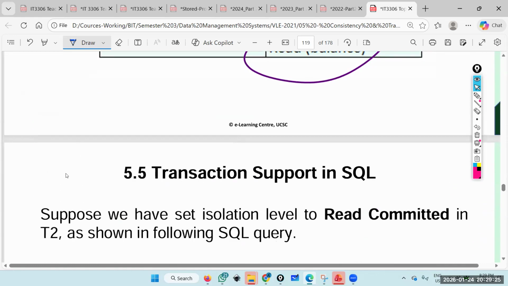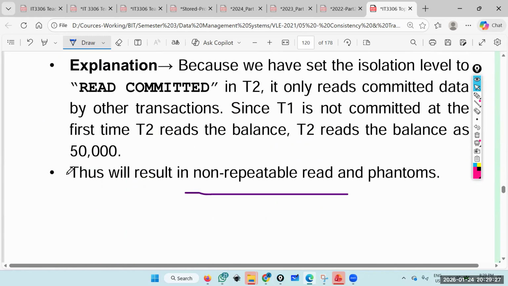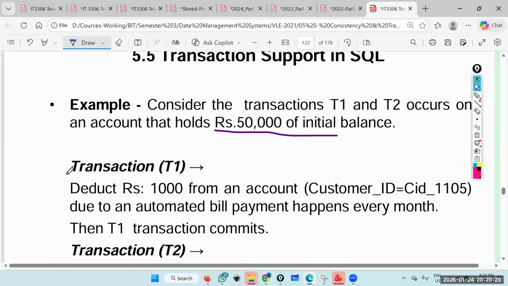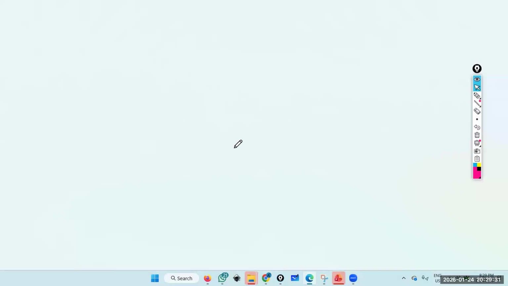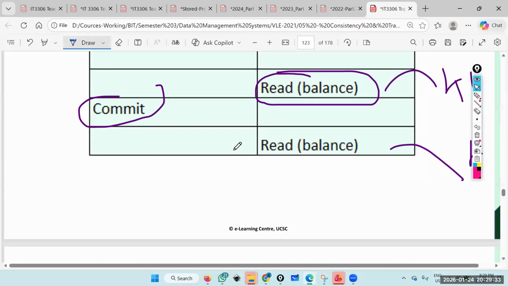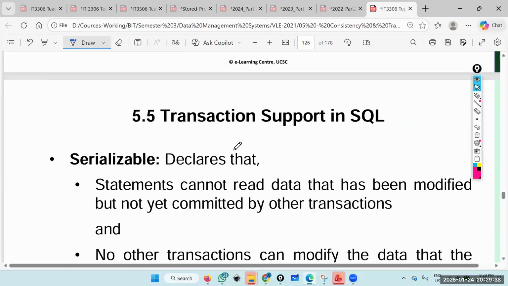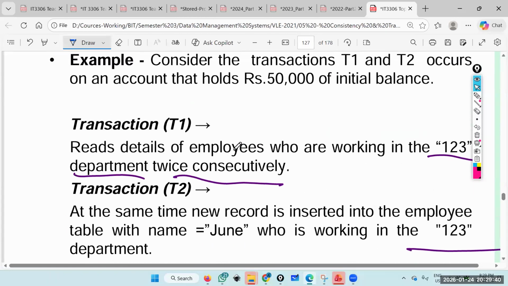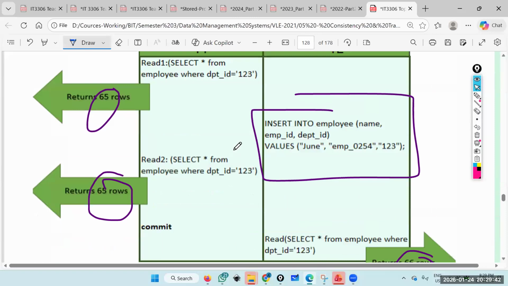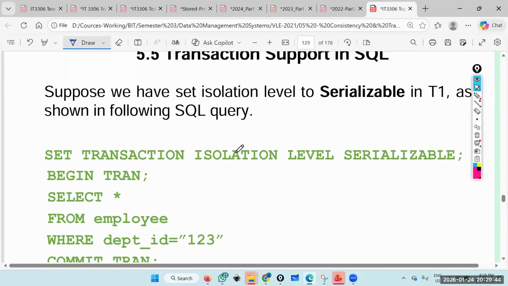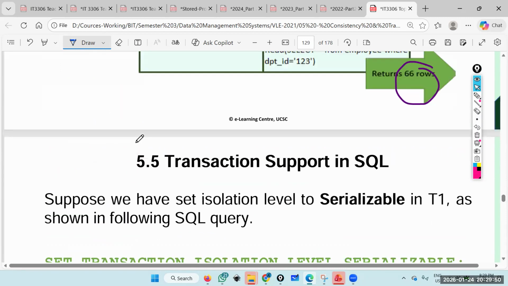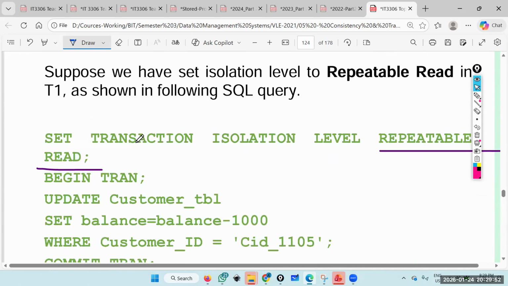Right, some examples. So many examples given, okay? So with different isolation levels, they have given you examples, I think those are good examples.